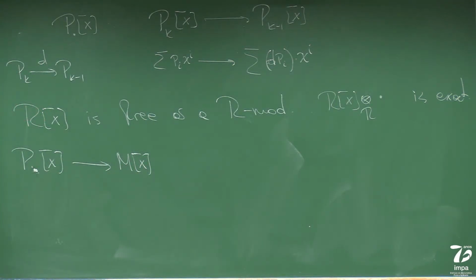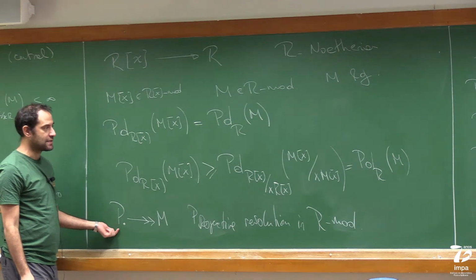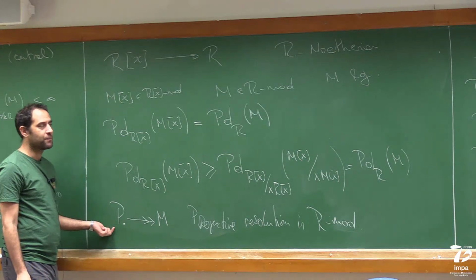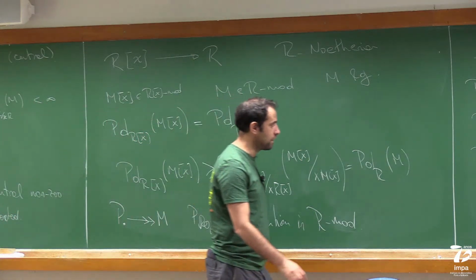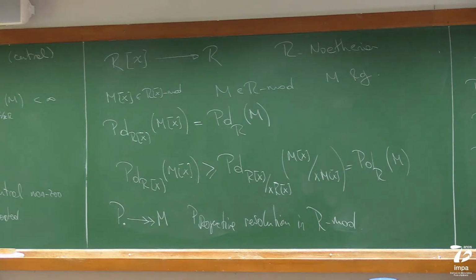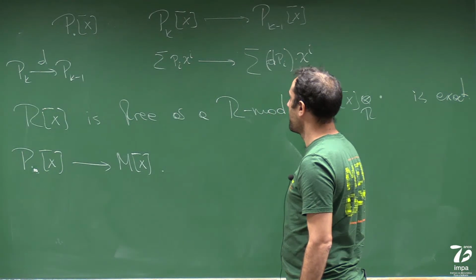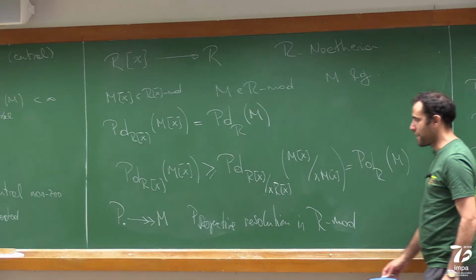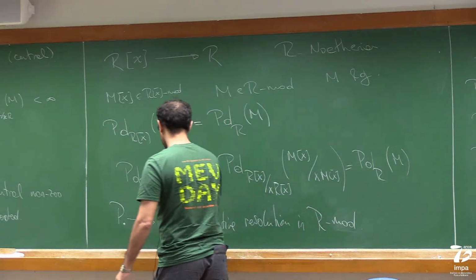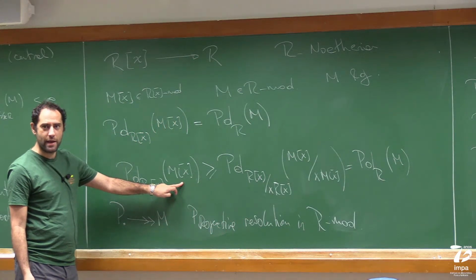You just grab this complex, you tensor it with R[x], and since tensoring by R[x] is exact, this thing is still exact, and each of the elements is a projective module. Okay, so this means that if M has a projective resolution of length n, then M[x] has a projective resolution of length at most n.